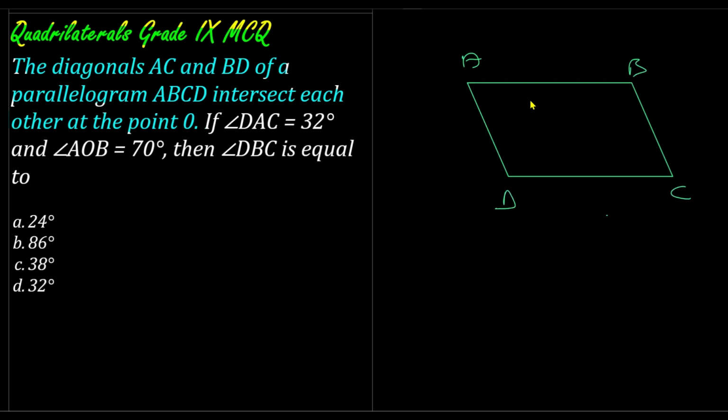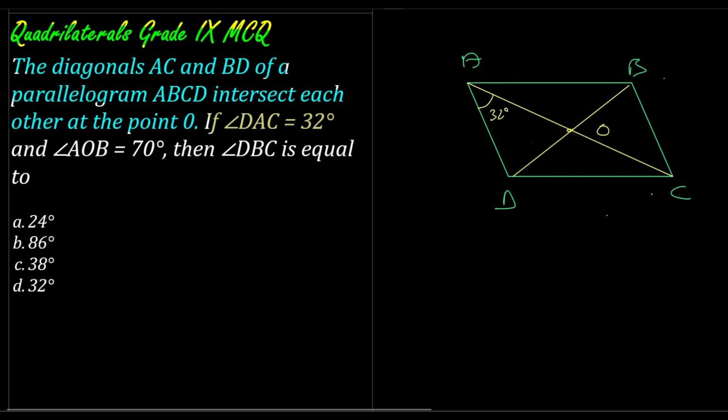Then we join its diagonals AC and BD, which intersect at O. So let's say this is AC and this is BD, and the point of intersection is O. Further, I can see the angle DAC is mentioned as 32 degrees. So let's write DAC is given as 32 degrees. And we have angle AOB as 70 degrees.